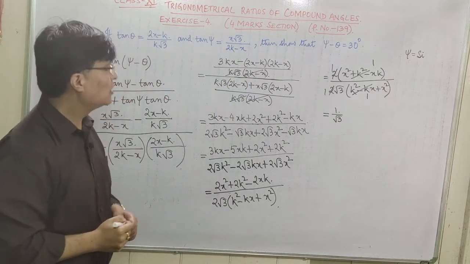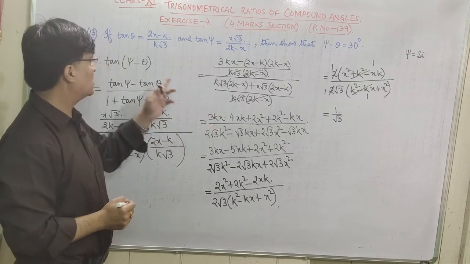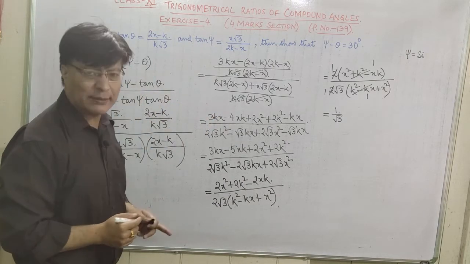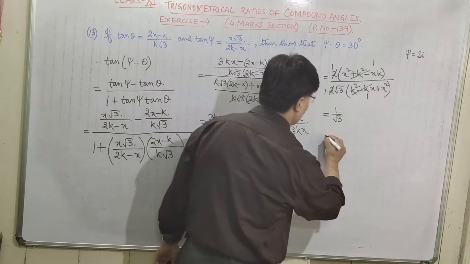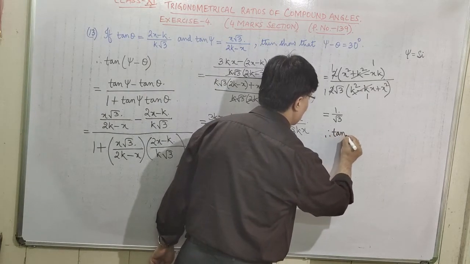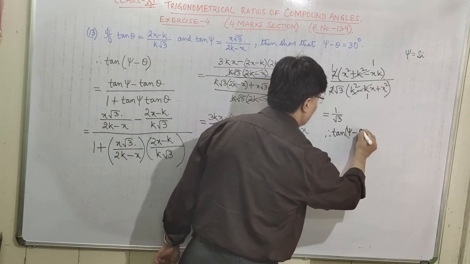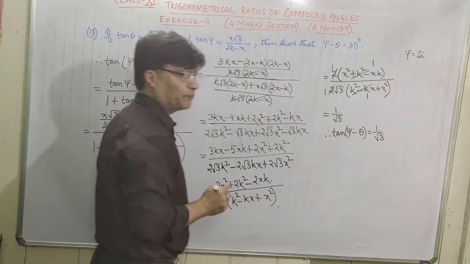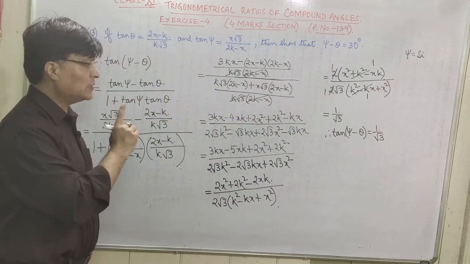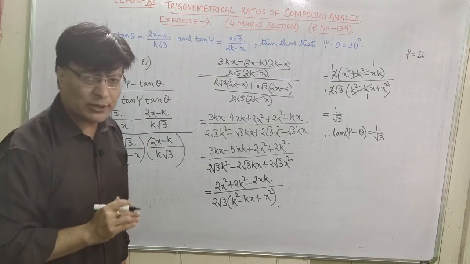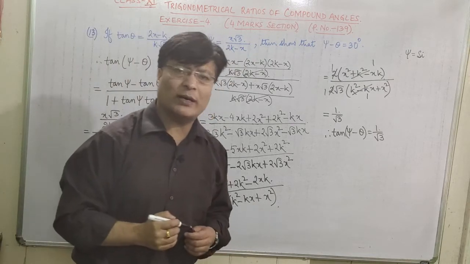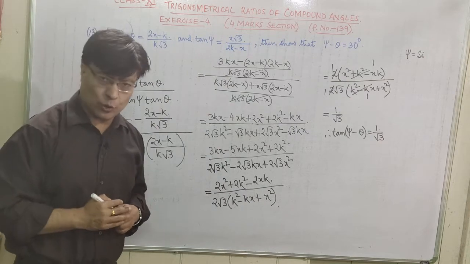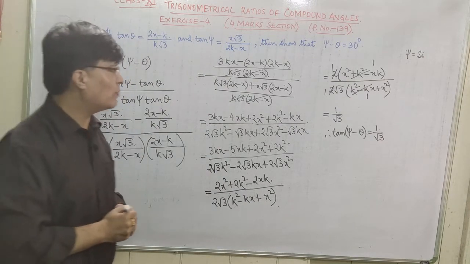Is that understood? So this 1 upon root 3 is the value of what? Tan of psi minus theta. Therefore, this is tan of psi minus theta is equal to 1 upon root 3. But since the left hand side is in terms of tan, you should write 1 by root 3 in terms of tan also. So tan of which angle is 1 by root 3?